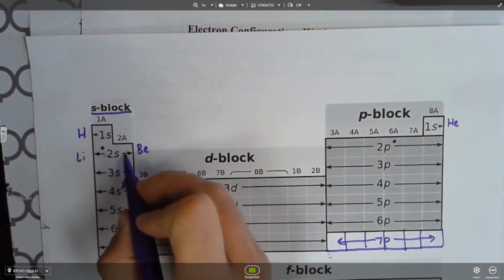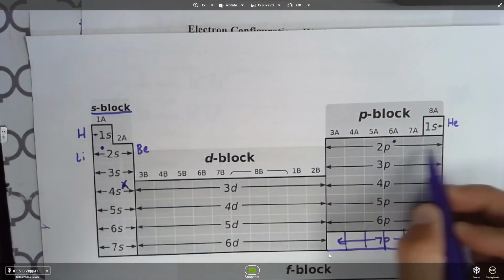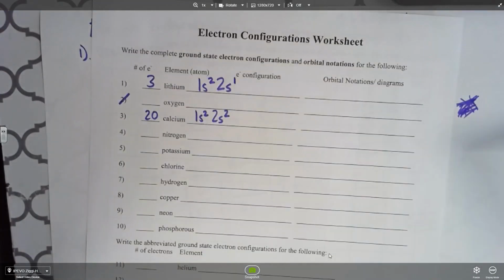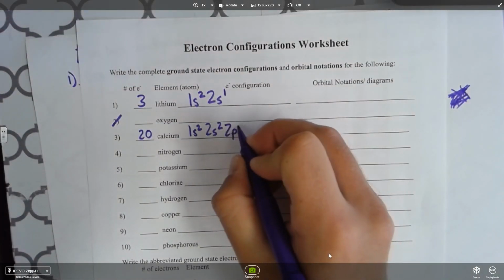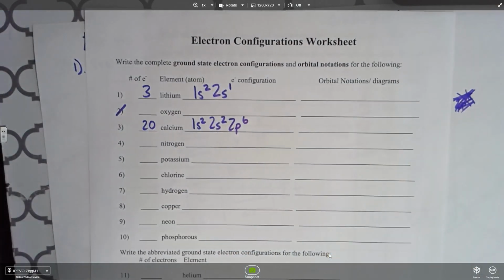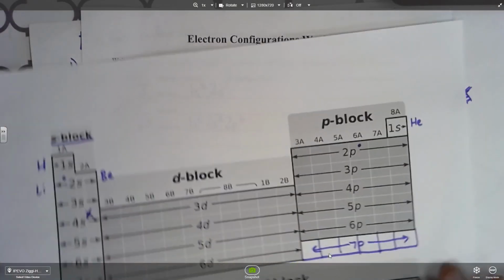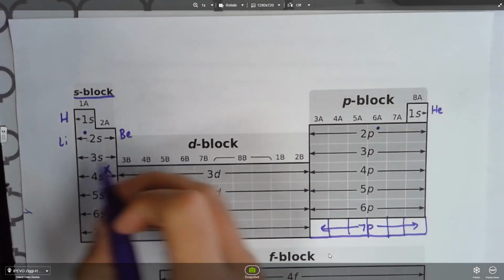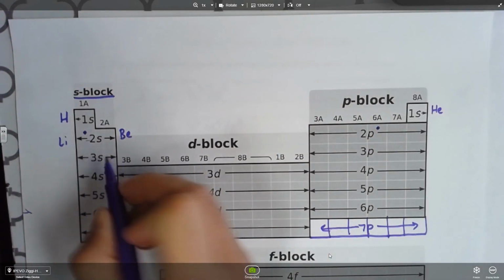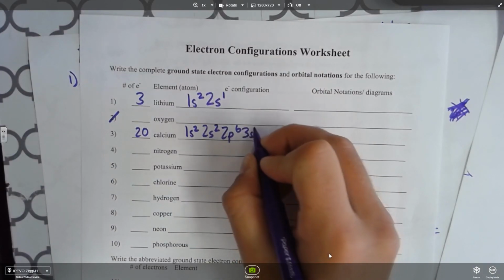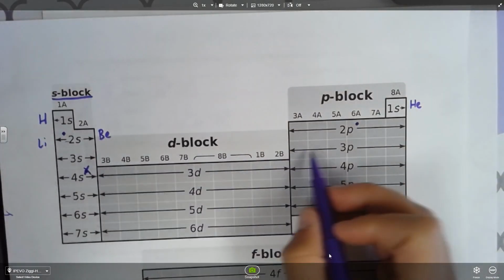Okay? So after 2s2 comes 2p. There are 1, 2, 3, 4, 5, 6 elements in 2p. 2p6. Okay? After 2p6 comes 3s. There are 2 elements in 3s. We have to cross both of them. So 3s2, back looking at this, we're over here.